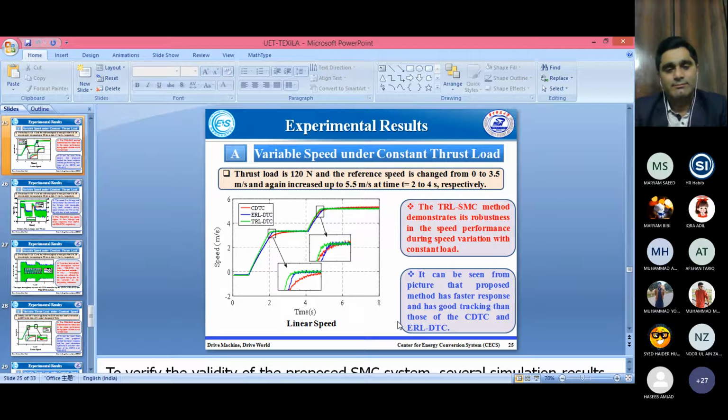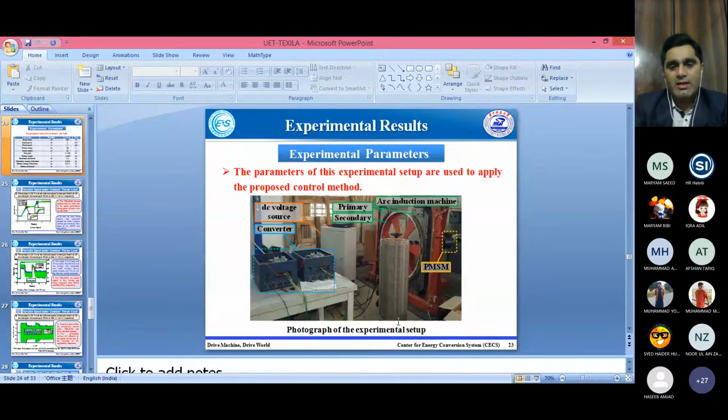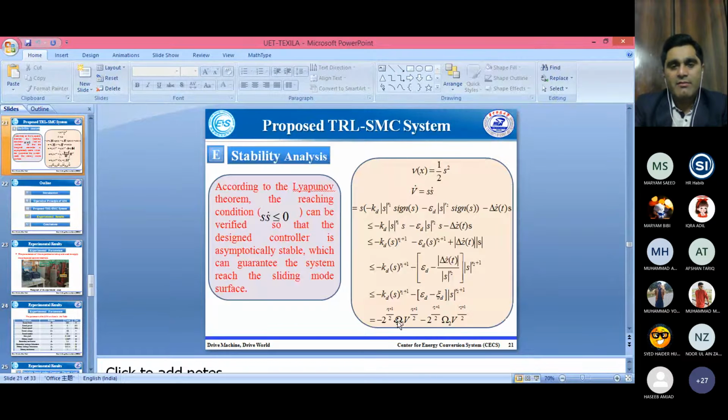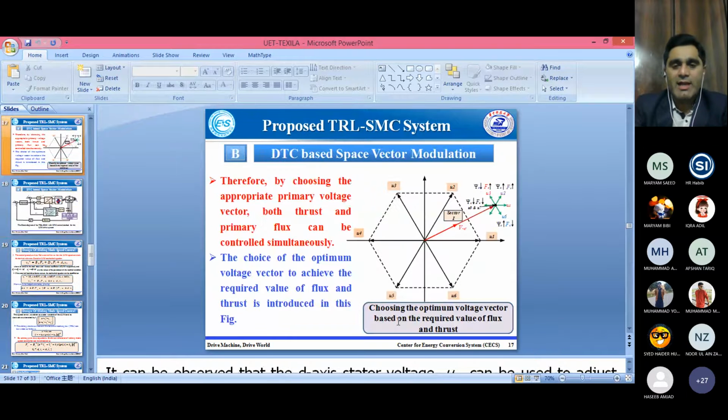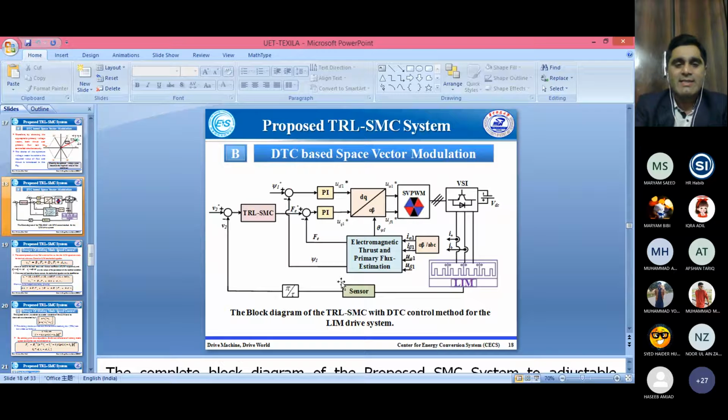My other question is, is there any protection system if any flaw occurs during these control systems? Yes, you are right. I want to show one block diagram again. For example, this is the sliding mode control, and this is the PI regulator for the flux and for the thrust. We know that our inverter has a capability of, for example, 10 ampere, so we must not feed more than 10 ampere.